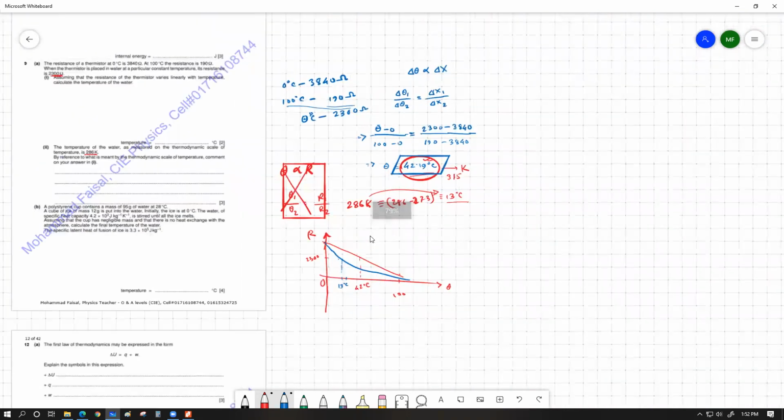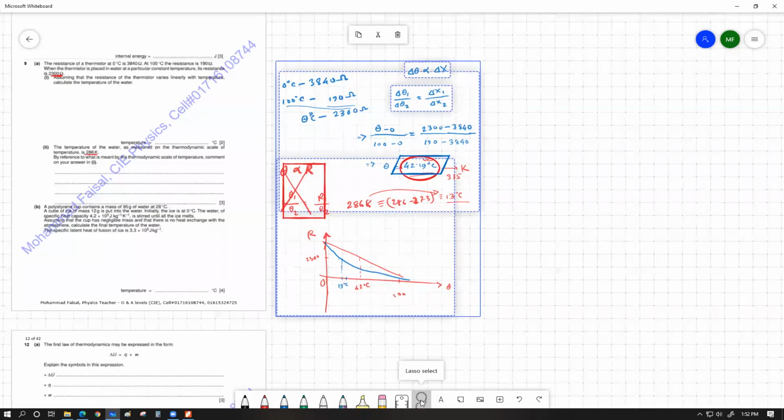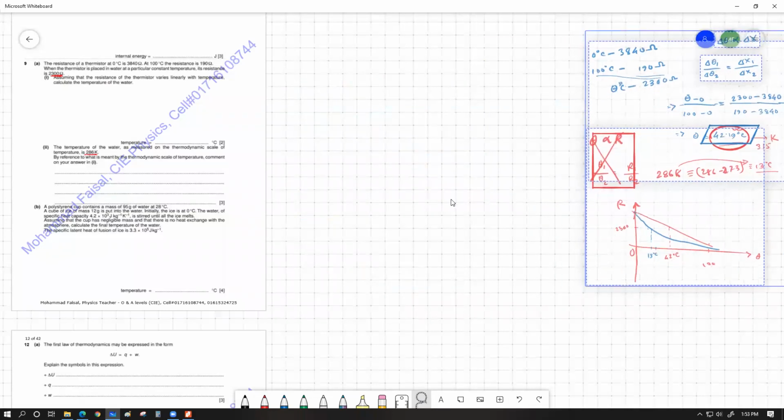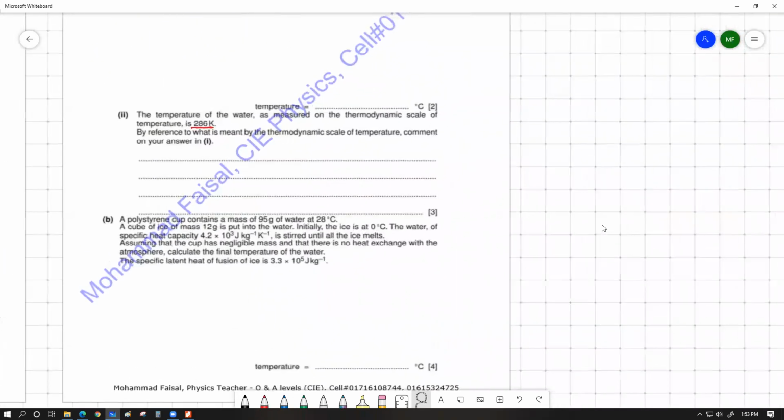So I might as well prefer to draw that. Let me remove this whole thing elsewhere. So try to visualize this thing.